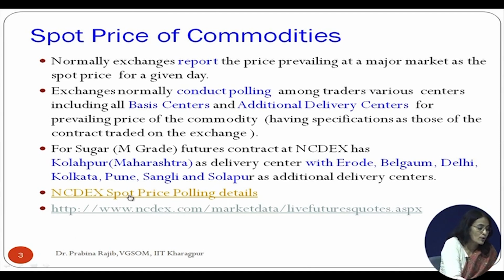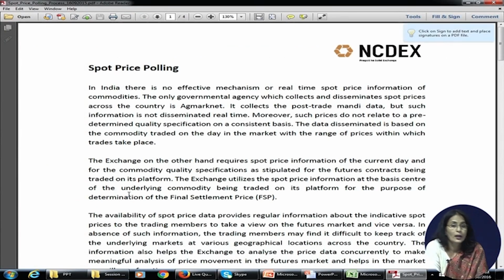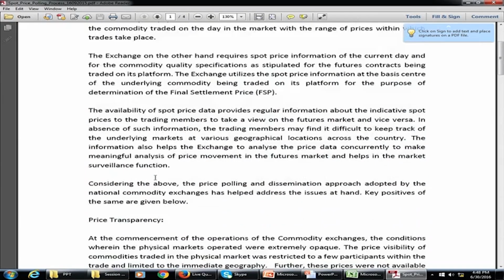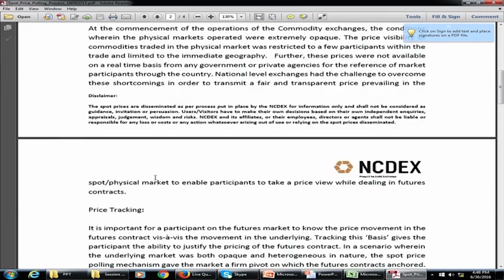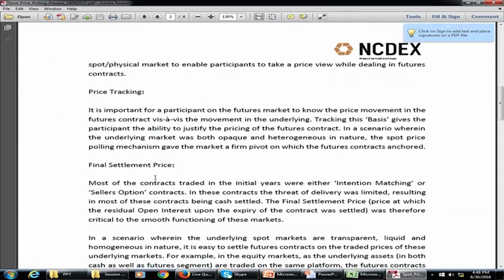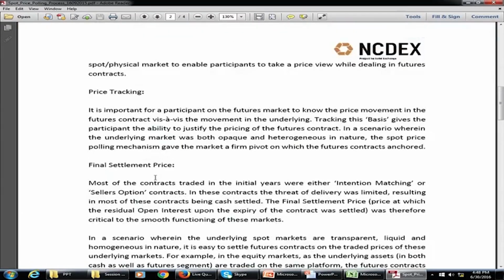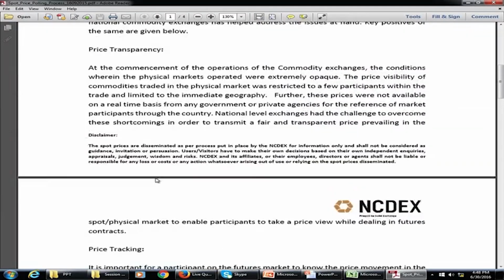So this is the document, the NCDEX spot polling mechanism. The complete detail of the polling mechanism is mentioned here, and this is an interesting document, so do spend time to read it, along with how price tracking is done and other important information pertaining to the calculation of spot price.